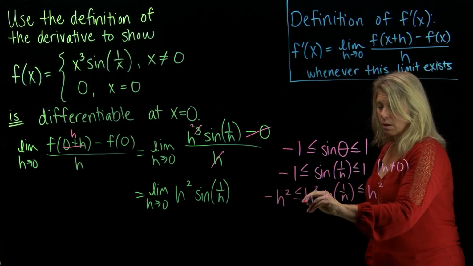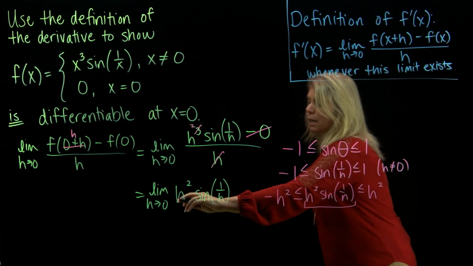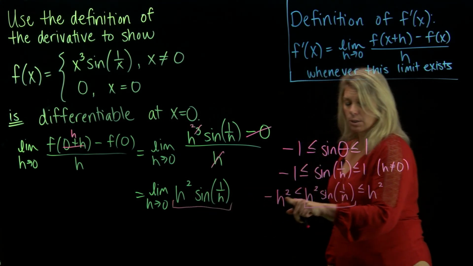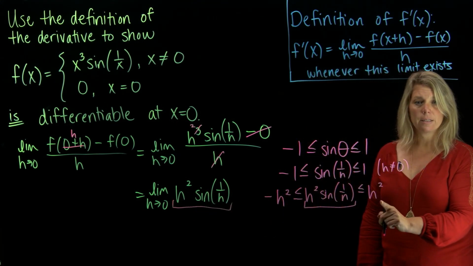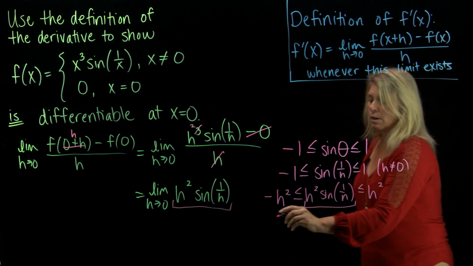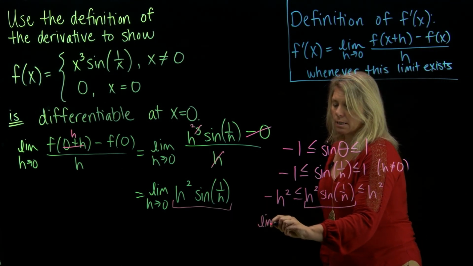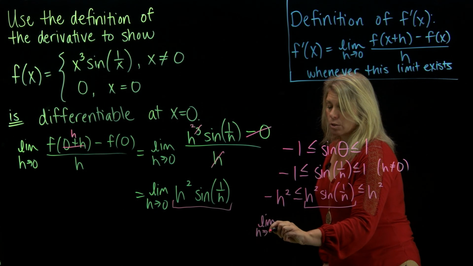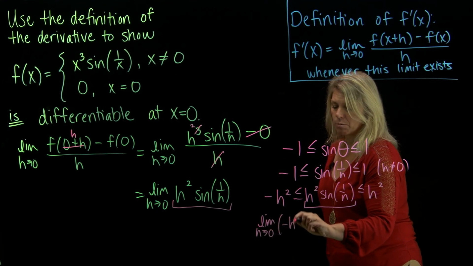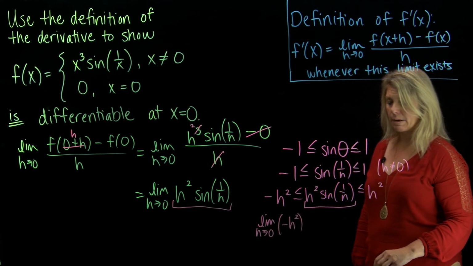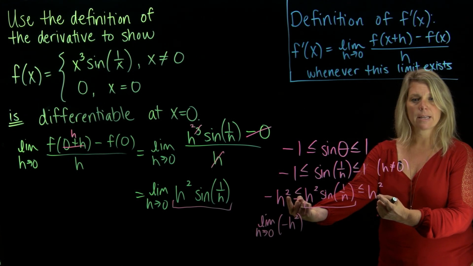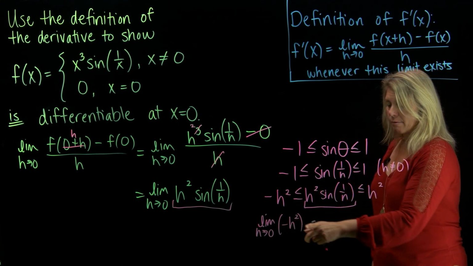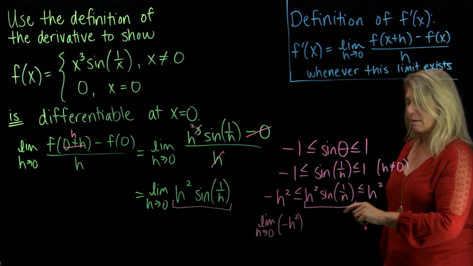So I just took the previous inequality and multiplied through by h squared. My goal was to get the function that we're working on sandwiched in between two functions that are easier to evaluate the limit of. So now I need to show that the limit of each of these squeezes to the same place. Remember that theorem is sometimes called squeeze theorem because you not only have to get the sandwich part, but those limits have to agree, so they have to squeeze to the same limit.